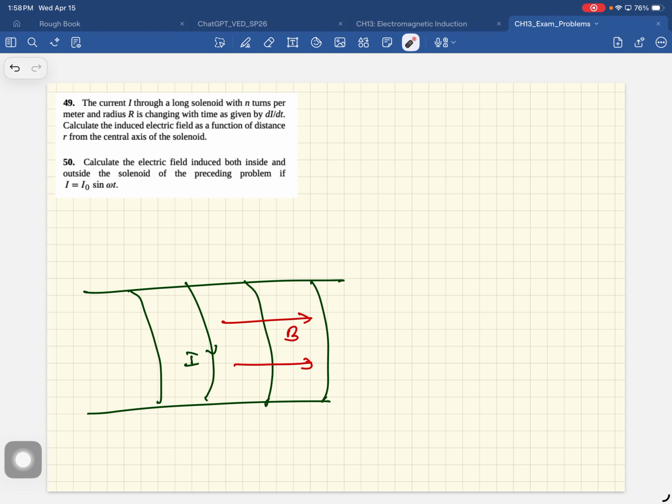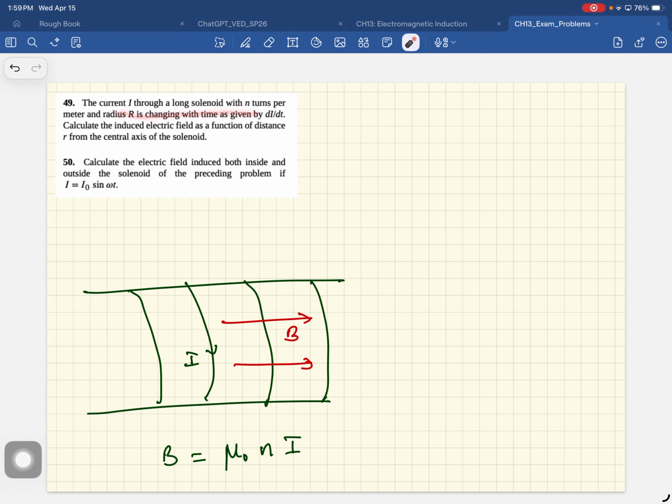Okay, so pi r cancels with that. You're left with 1 r, and then you divide it by 2. So it's mu naught n r over 2 times di by dt. Okay, so that's the electric field.